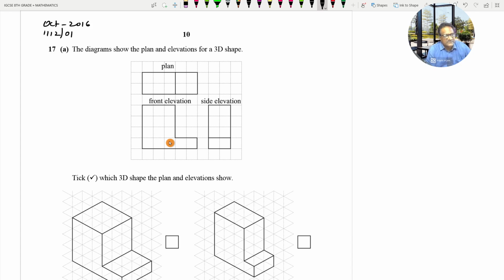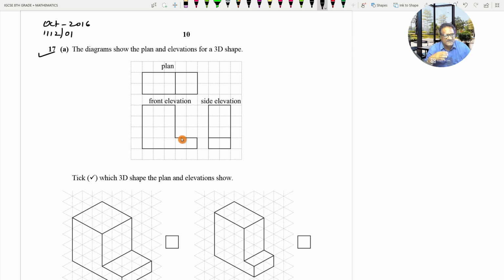The very question number 17 says here, this is question number 17. The diagram shows the plan and the elevation for a 3D shape. So this is the plan. Now you must know what is the meaning of plan, front elevation and side elevation. Okay. So any 3D figure can be divided into something called plan. Plan is something that you see from the top. Okay.